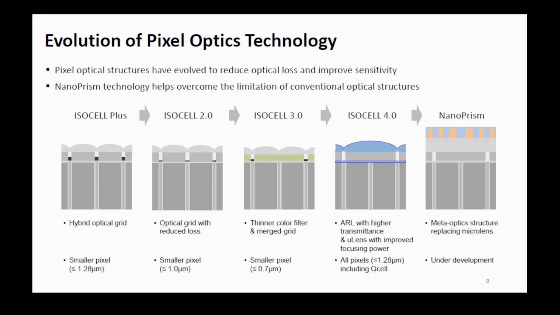Next, I'd like to talk about the evolution of pixel optics technology. Actually, we focused on the reduction of optical loss and thus the improvement of sensitivity. So I'm describing the change of the pixel optical structure from the first generation to the fourth generation.